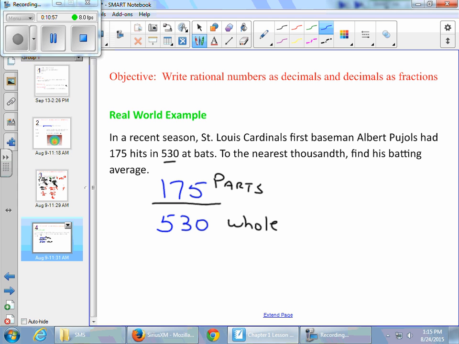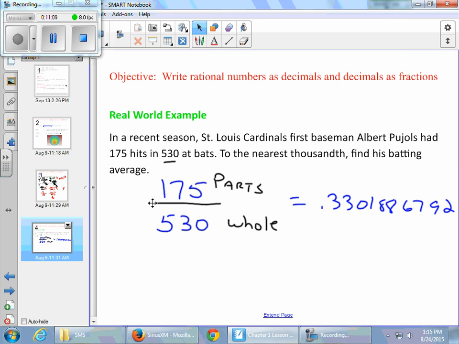If you have a calculator, you can punch that in. And what you get in the calculator is 0.33088679. Now let's look back at our question. Our question is to the nearest thousandth, find his batting average. So once again, we have to know our placements, see which one thousandth is. We have our tenths, hundredths, thousandths, ten-thousandths.